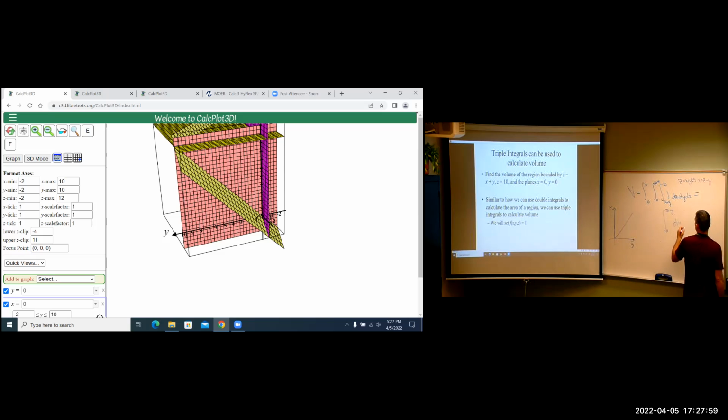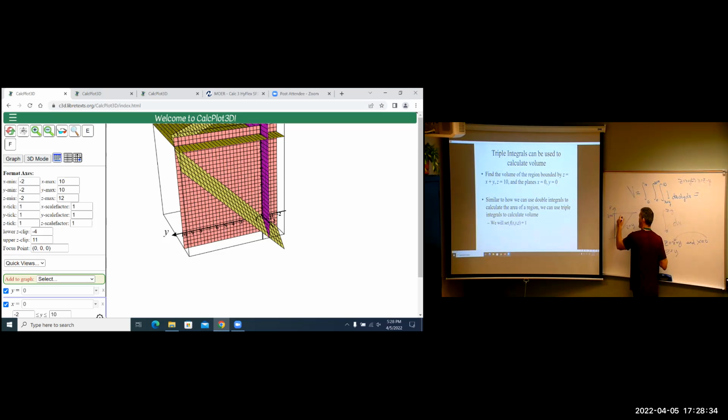So if we take these two things together, that z equals x plus y, that's the plane in 3D, and we're in the plane where x equals 0, that's the trace we're looking at. That's going to go in there, and basically that line is z equals y. And then we know it's capped on top by z equals 10. That plane that came right there, that's the plane z equals 10.